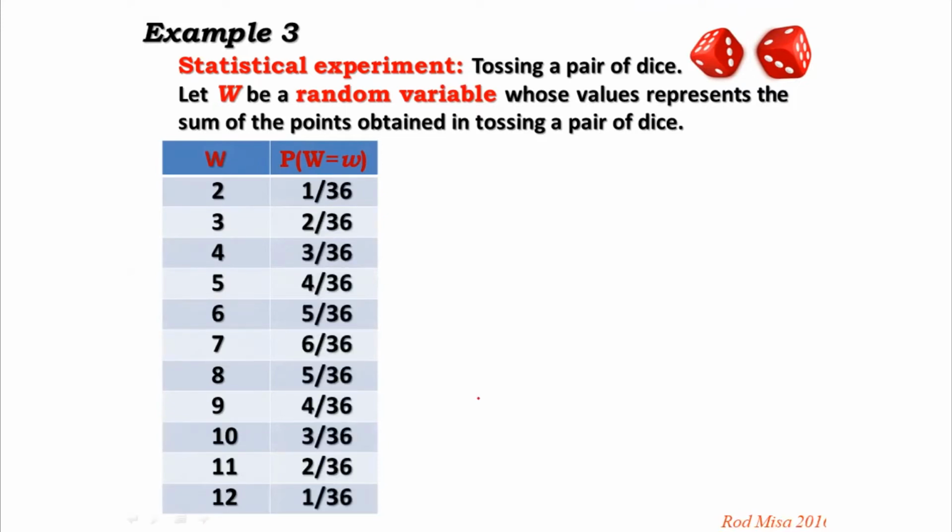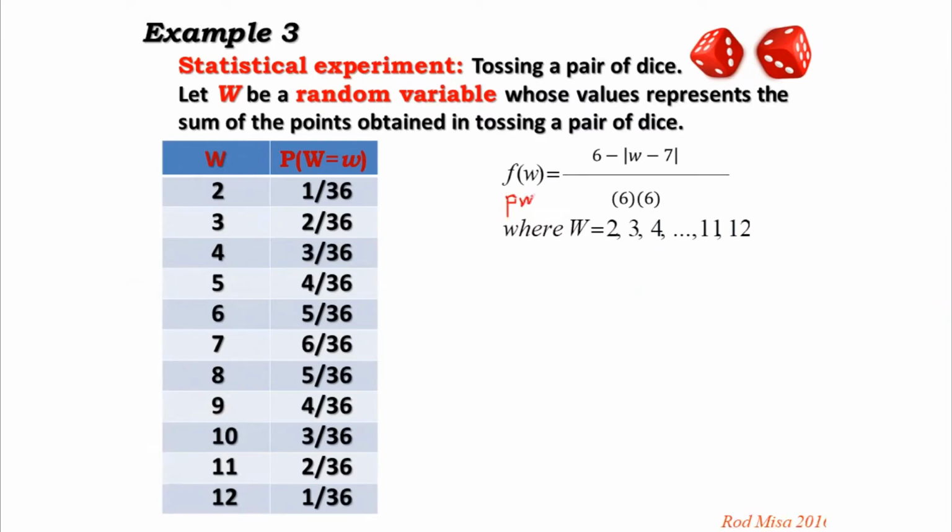But this can be represented in another way, which is through a formula there, where f of W is our probability mass function and W is our random variable.